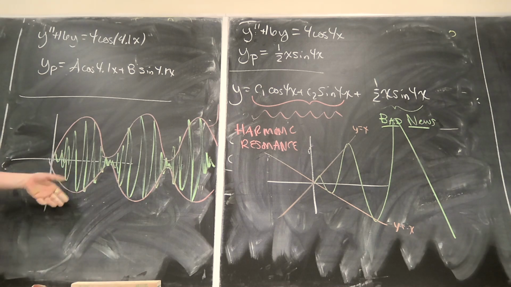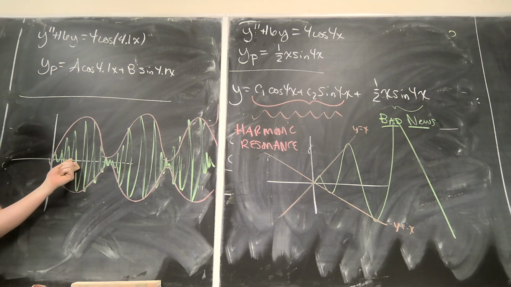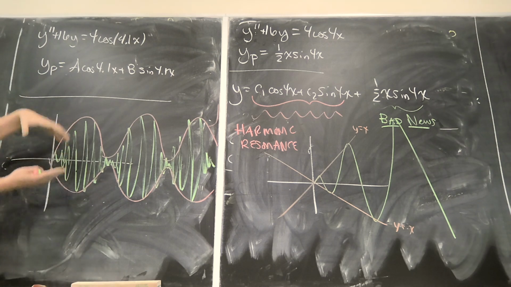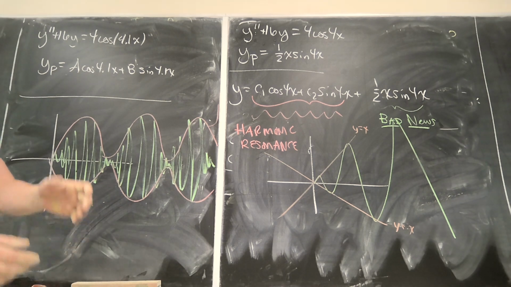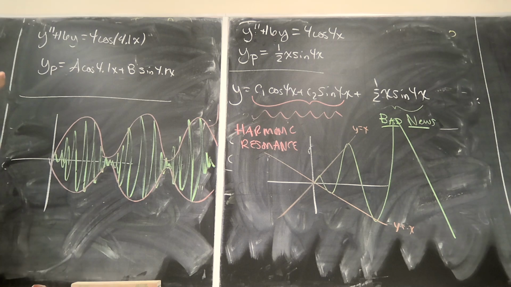And if you've tuned a guitar or a stringed instrument before, where you've got two strings that are supposed to be the same note, but they're not, if they're exactly the same note, you don't hear these. If they're different just a little bit, you start hearing this beating because the signals are interfering with each other in this almost constructive way. What do you mean, like two different strings? Imagine on a guitar, the way you tune a guitar is you play the same note on two different strings, and then turn the peg until they're the same.